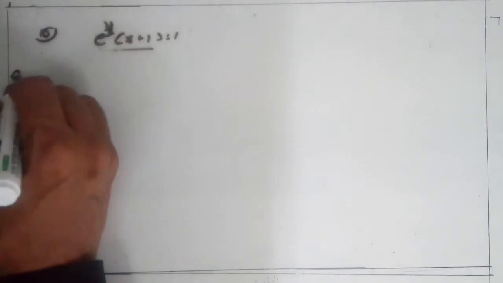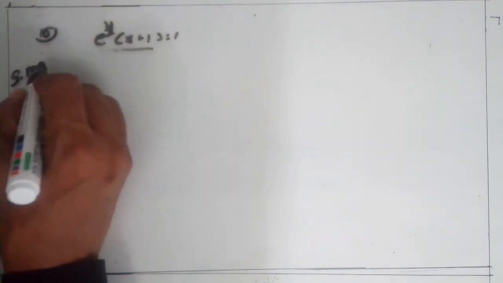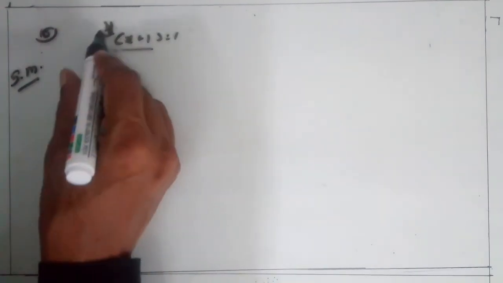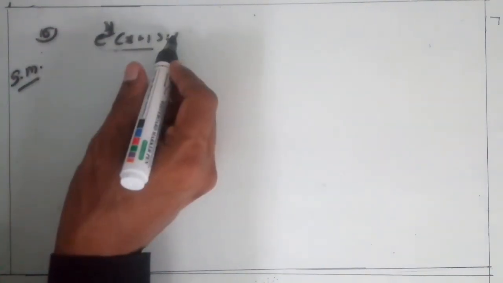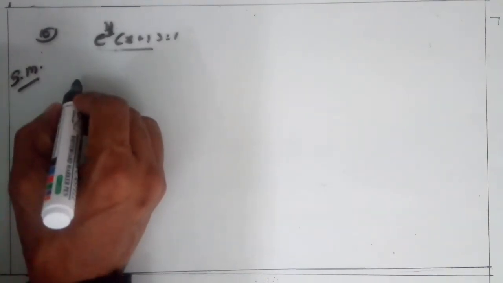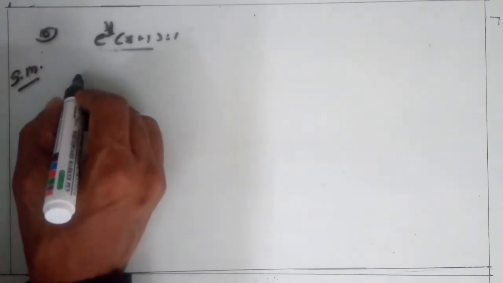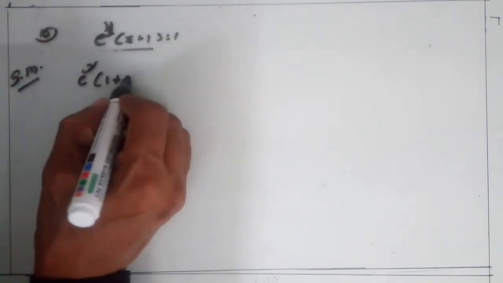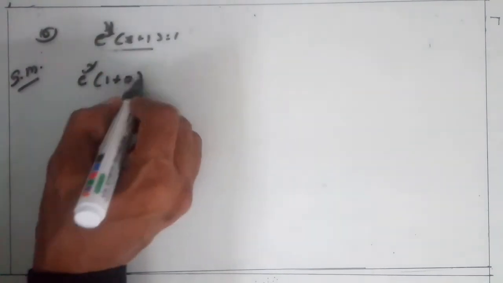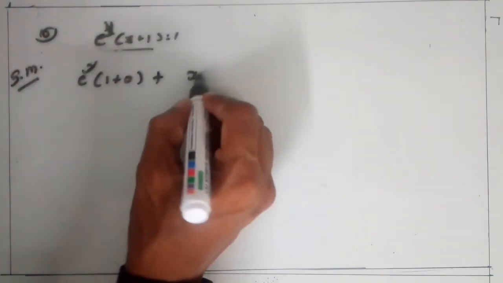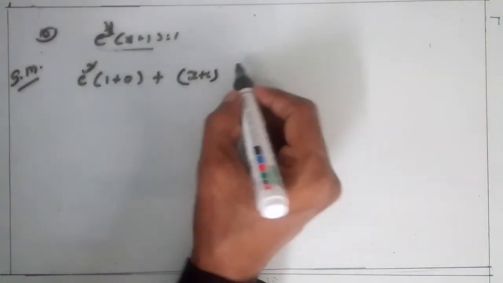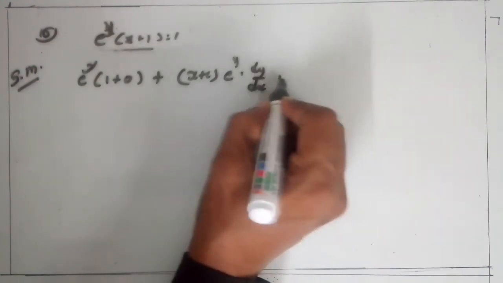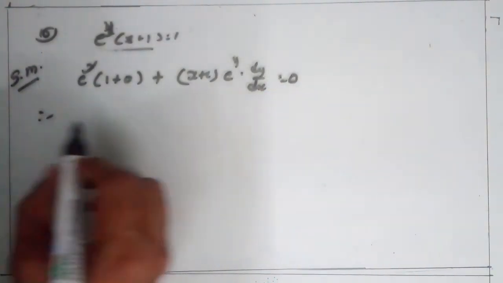Now using the second method, we solve this equation. Here e^y (x + 1) = 1 is given. So differentiate with respect to x. Here e^y into derivative of (x + 1), which is 1 + 0, plus (x + 1) into derivative of e^y, which is e^y into dy/dx, is equal to 0. Clear?